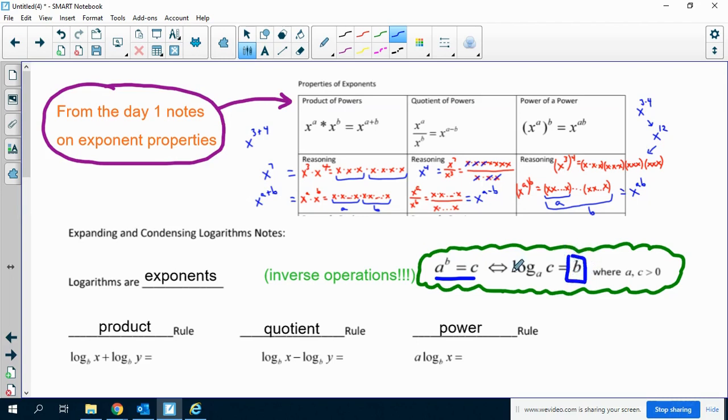So that means that this entire log represents the exponent, whatever the exponent's numerical value is. That's log base a of c. So a to the something equals c. Well, that something is log base a of c.